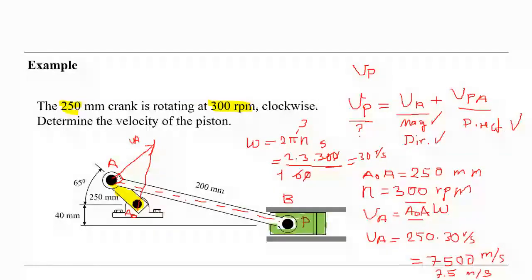okay, perpendicular. And what is the direction? We also know the direction of the point of the piston. You know the VP direction, I mean, it moves like this. This is the direction of that. And we also draw a parallel from the point A to the direction of the VP, like this.